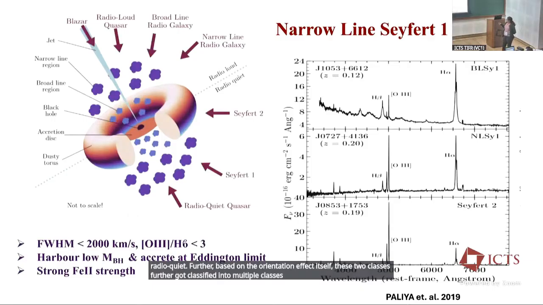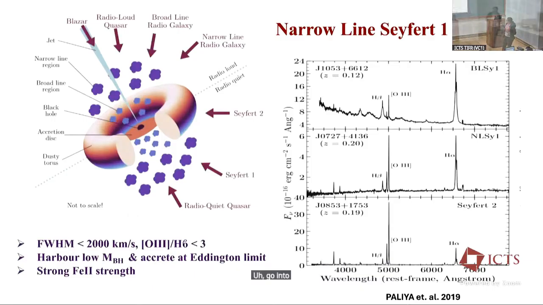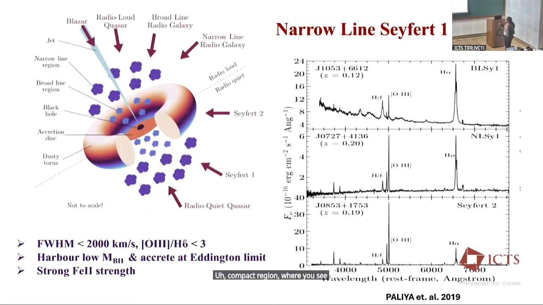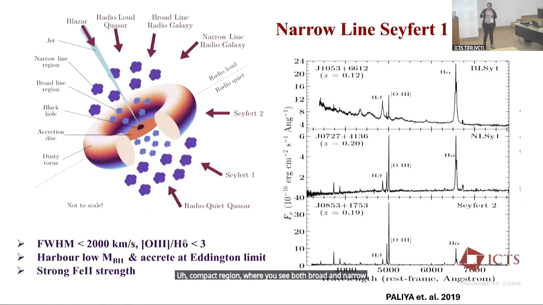I'll not go into those classes, but go into this particular class, which is Seyfert 1. It starts from mainly 5 degrees to let's say 45 or 50 degrees, and you will see this compact region where you see both broad and narrow lines. The spectrum of this particular class is seen here.